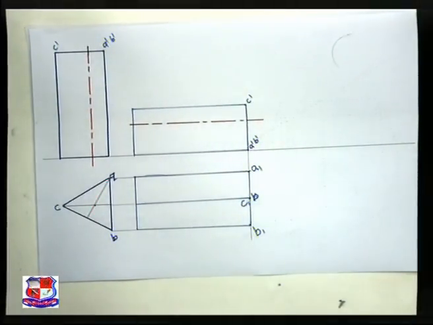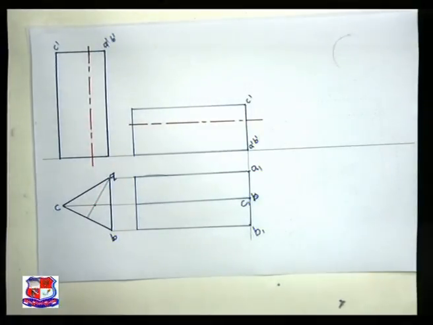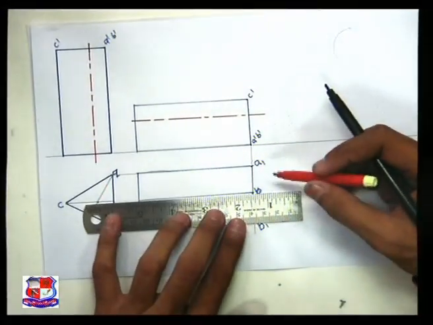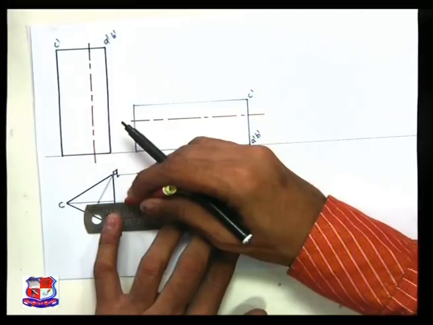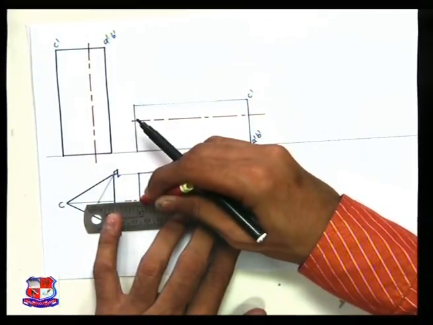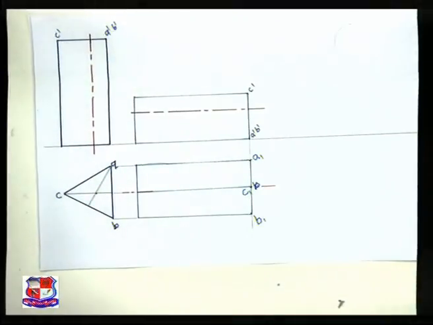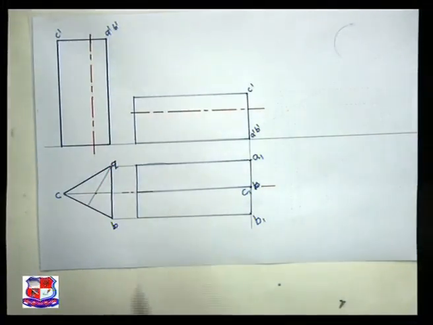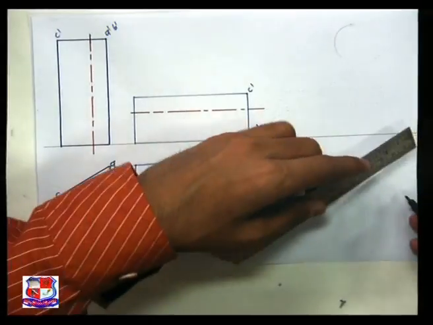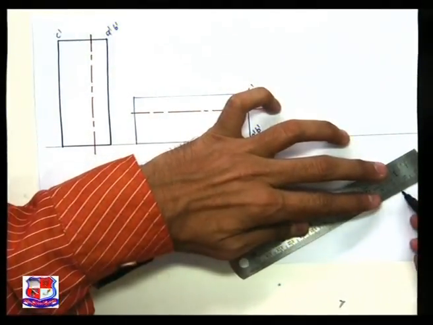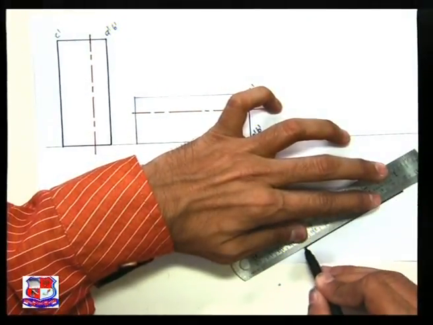Right. Now it is given that this axis, so let me draw the axis here also. Here the axis would be somewhere here, it will be hidden. This axis makes an angle of 30 degrees with the vertical plane. So redraw this top view in such a way that its axis makes an angle of 30 degrees with the XY line.